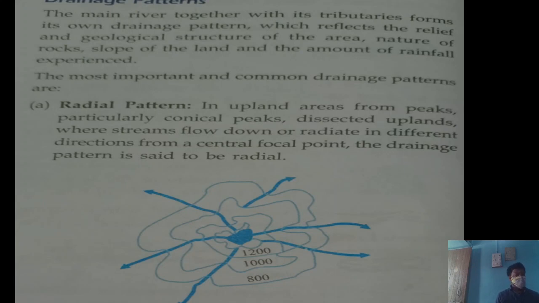So, dear students, before I start, this is the river patterns. Two things are important: tributary and distributary. When any river comes and meets the main course of a river, this is a tributary. And when the main course of a river is bifurcated, trifurcated in different ways, it is distributary.